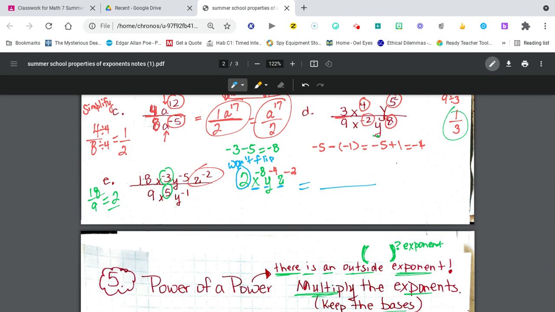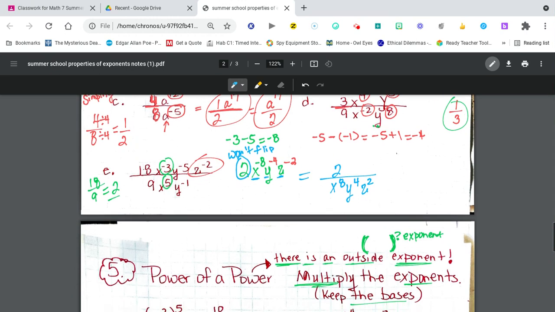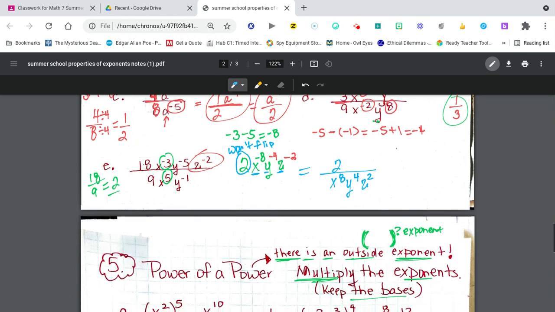So I'm going to draw a bar because I need a bottom. I need some place for it to flip to. The 2 is going to stay put, and the x is going to flip. -8 becomes +8. The y is going to flip. -4 becomes +4. The z is going to flip. -2 becomes +2. Now I'm done. Again, if you don't understand something, let me know.